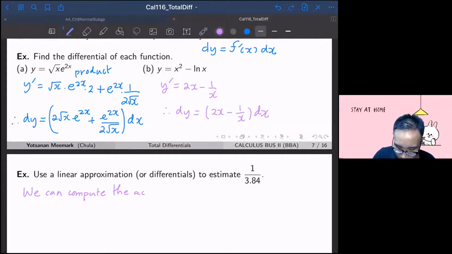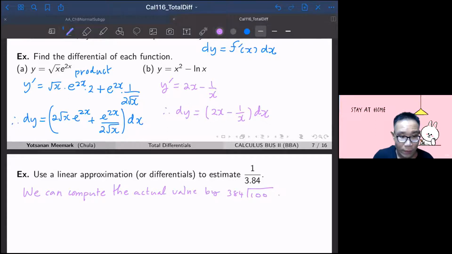Normally we would have 384 divided by 100, right? So that is the normal thing to do.